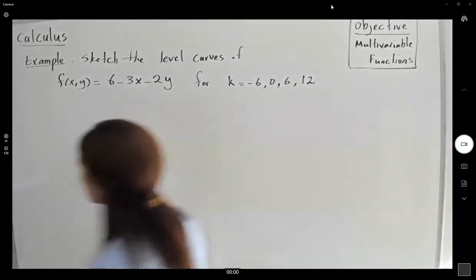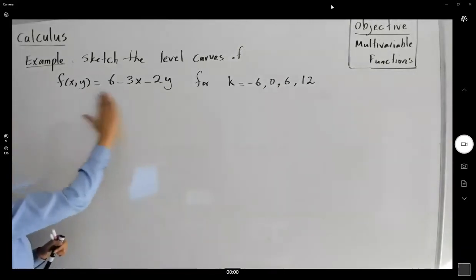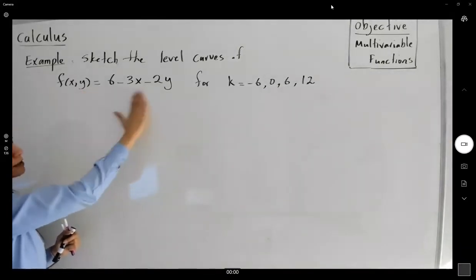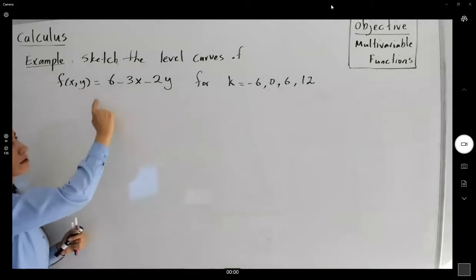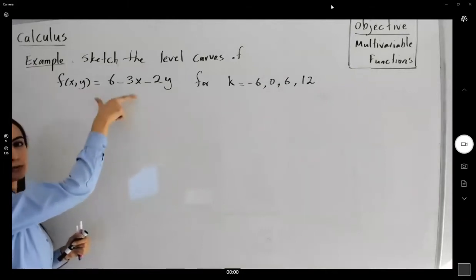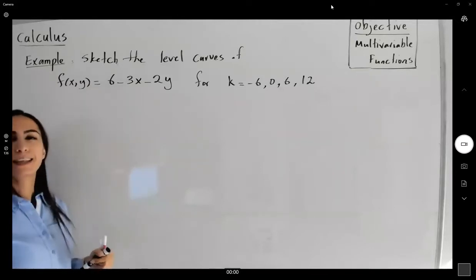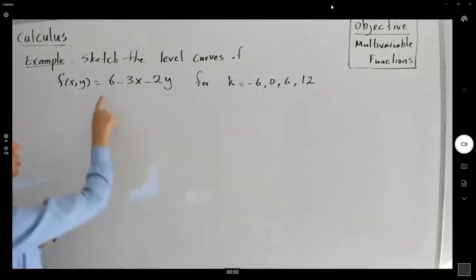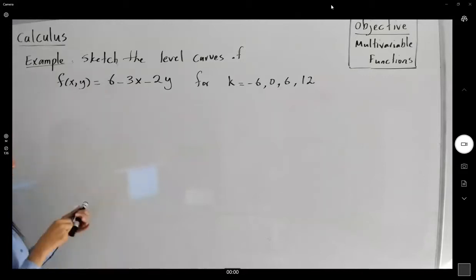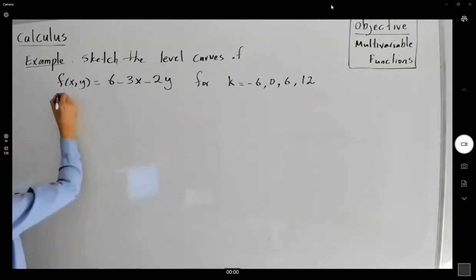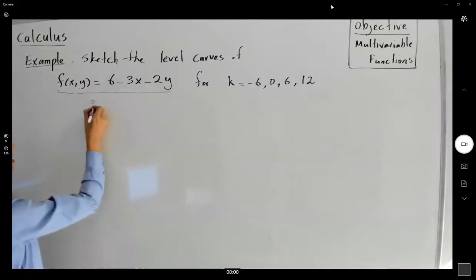Okay, very well. We have an object in space. Instead of graphing this object in space, we are interested in analyzing its level curves. So this object is in 3D, whatever it is.